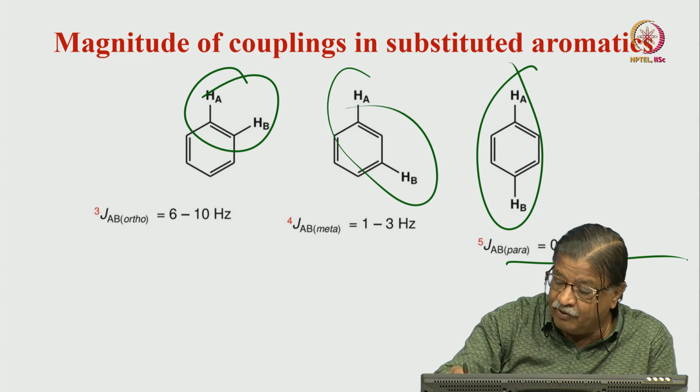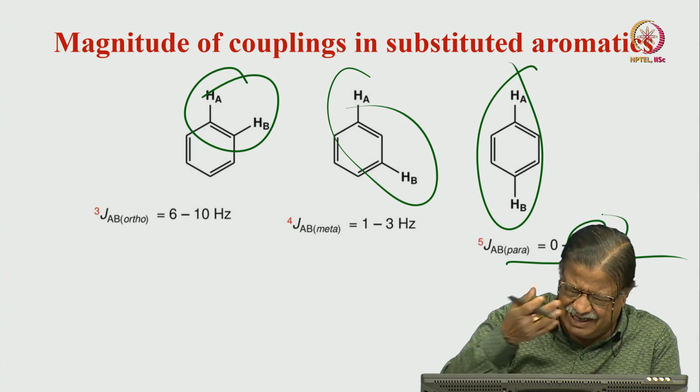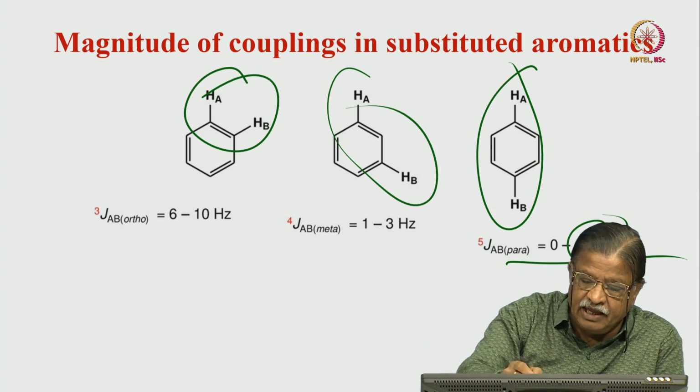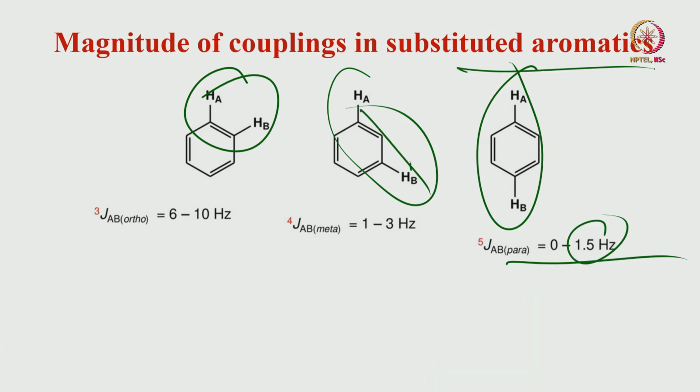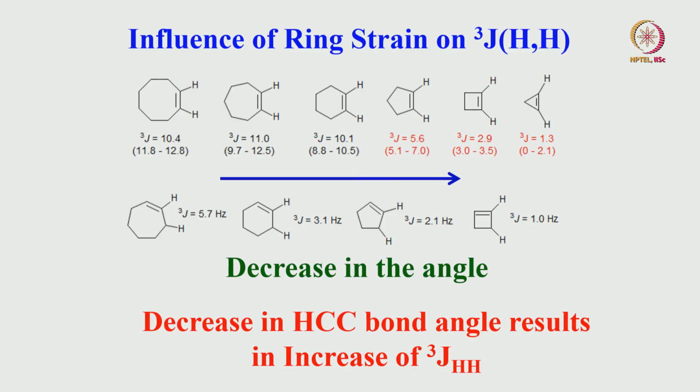Para is generally less than 1.5 hertz, and meta is 1 to 1.5 hertz, but it depends upon the substitution: whether you are substituting the ortho, meta or para position, whether it is monosubstituted, symmetrically disubstituted or asymmetrically disubstituted, everything matters. But always remember, ortho coupling is generally larger in phenyl groups than meta coupling, than para coupling. That order is more or less maintained.